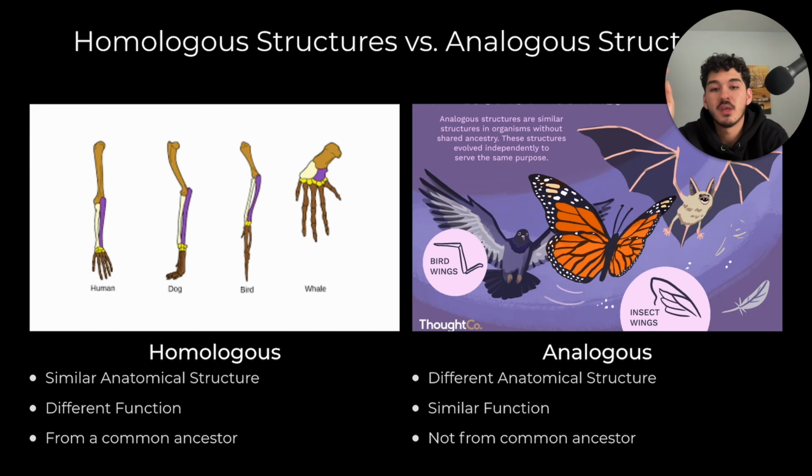But we can look at it that they have a different anatomical structure. So the bird wing is made of feathers and bones and whatnot. And whenever I look at a bat, I always think of Batman and kind of leather. It looks kind of leather-ish, and it doesn't have feathers. So that's what they mean by different anatomical structure. But they all perform a similar function. They're all used to fly.